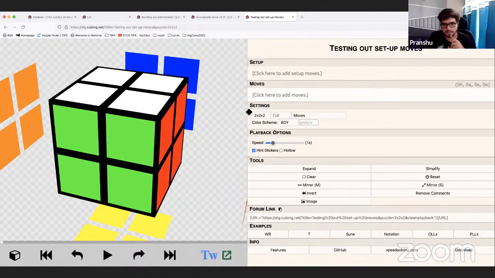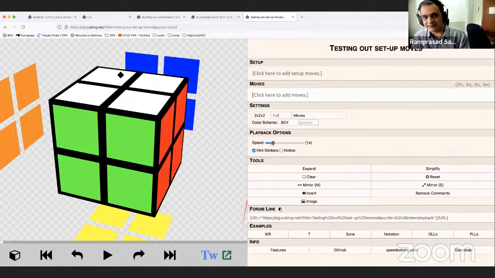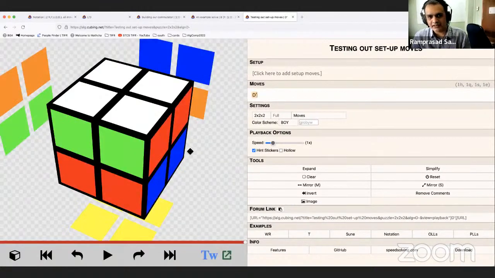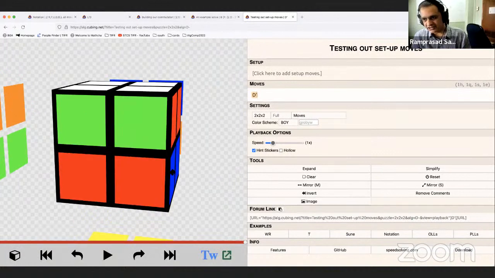R prime. No, but R prime will mess up the other two. I don't want to change those two things. I want to keep those two fixed, but otherwise I want to bring the blue corner. So it's often easy: suppose I do D prime first, that brings the blue corner to this location.